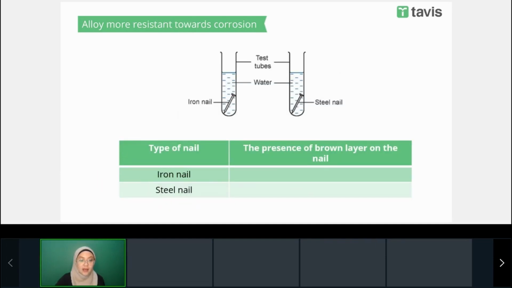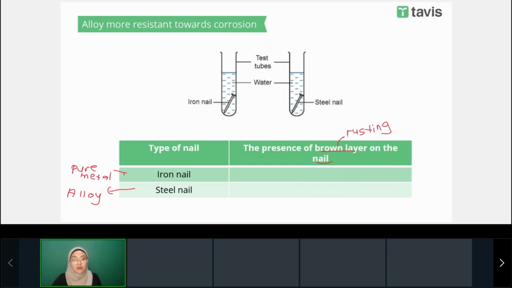Okay, now let's see the property that alloy is more resistant toward corrosion. Iron is a pure metal, while steel is an alloy. Okay, which one will undergo rusting first? The presence of the brown layer indicates a rusting process.